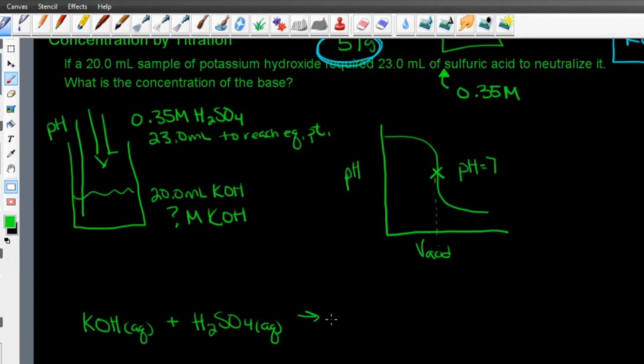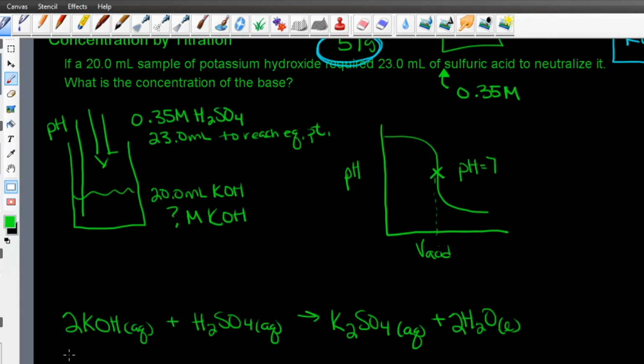Acid plus base, double replacement, neutralization reaction, makes salt and water. No, it's not sodium, it's potassium. Alkali metals are always soluble, and liquid water. I'm going to balance this.